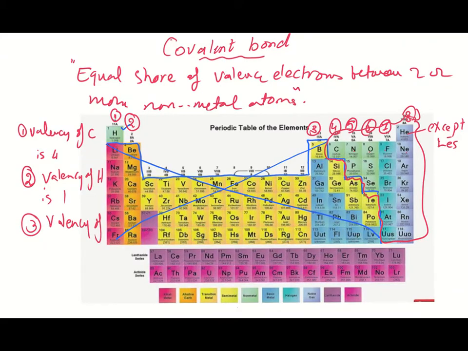Valency of Cl. You can guess it. Cl lies in group 17 and has 7 electrons, as you can see. So it has only 1 electron to gain to reach the structure of the next noble gas. This means that the valency of Cl is 1.